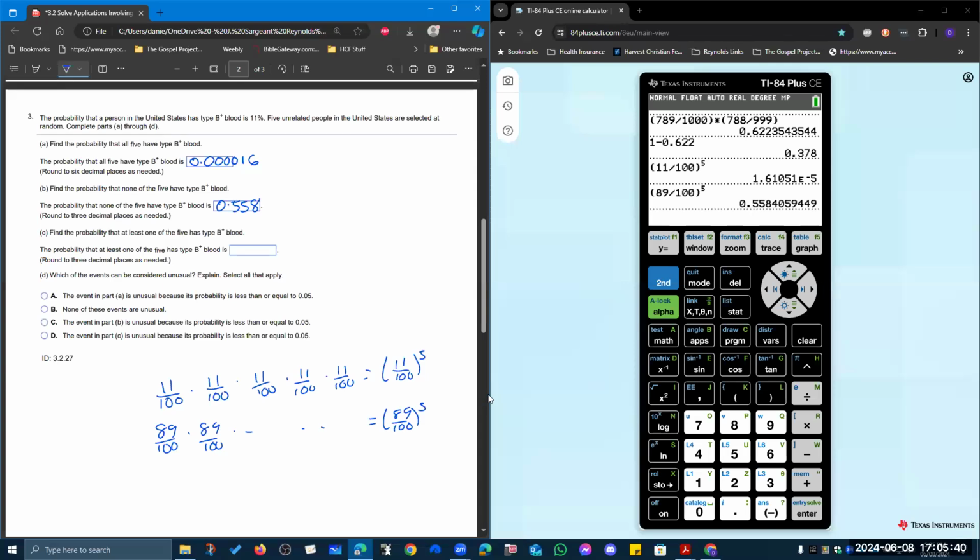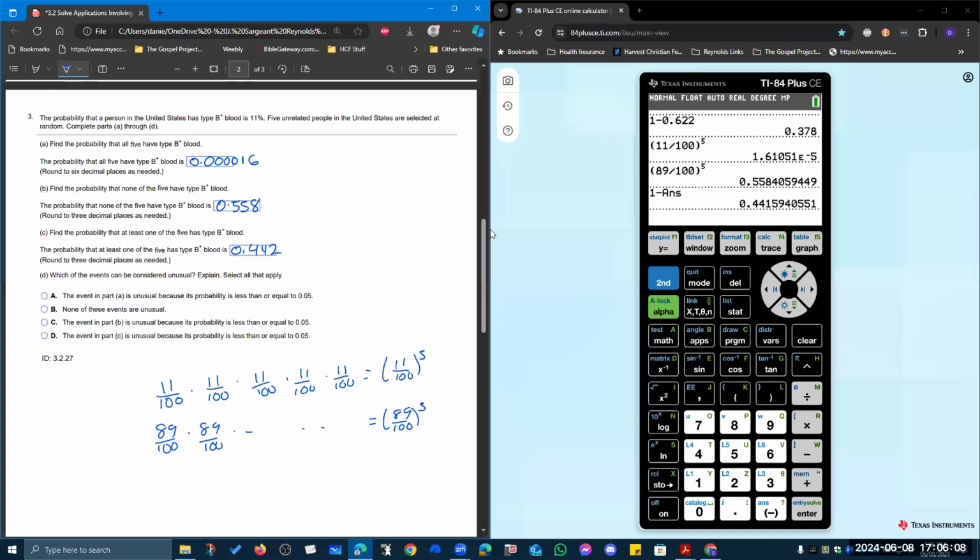And the probability that at least one of them has type B blood, so we're going to do 1 minus that answer that we just had. We're going to round to 3 decimal points, 0.442, and we're going to round that up to a 2 because that 5 is going to round that up to a 2. And which of these events is considered unusual?